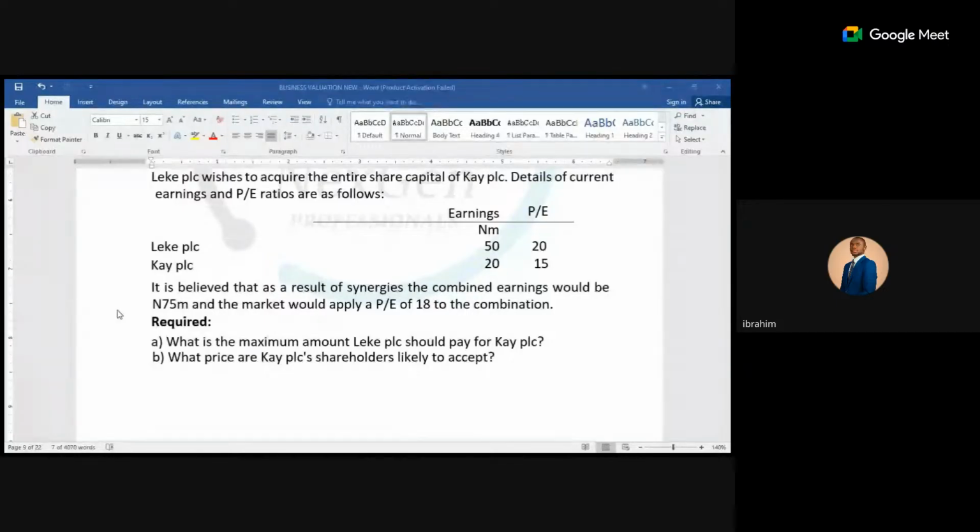Look for the profit after tax, add them together, multiply by the average PE ratio given to you in the question, and it gives you the market value of the combined company. Is that clear, please?